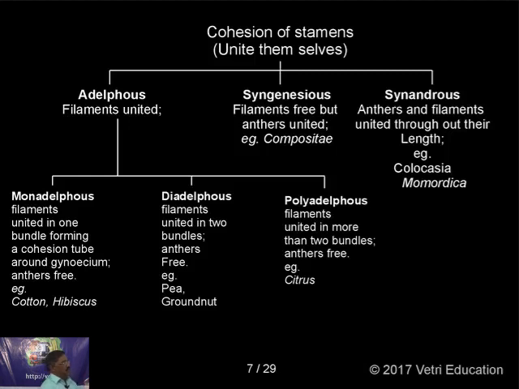Example in Compositae family and sunflower, tridax, etc. The third one, synandrous condition, where the anthers and filaments are united together lengthwise. Example you can find Colocasia and Momordica and the members of Cucurbitaceae family.